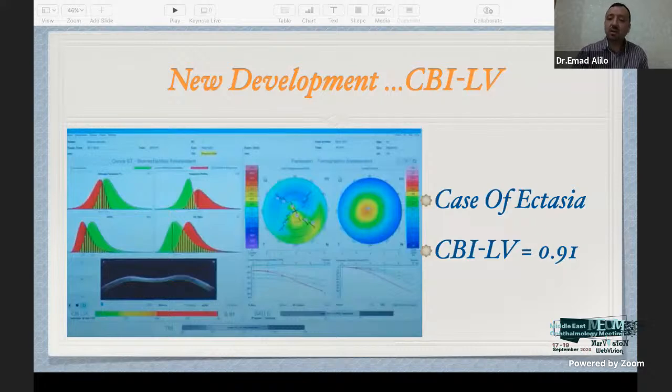So the new software automatically puts them in gray and eliminates them. And a new graph comes, which is the CPI-LVC.